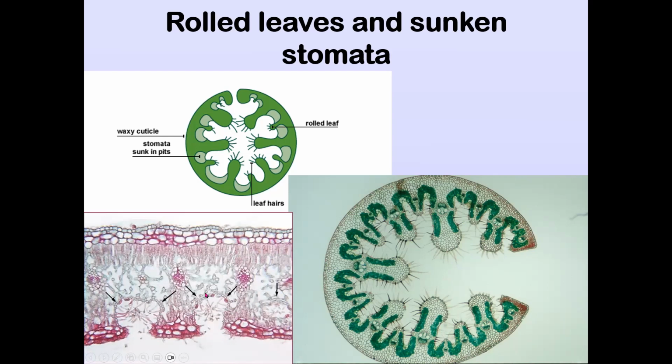There are 3 stomata here. So instead of rolling, they actually have formed these depressions, but they've got hairs which are hard to see here. So again, it's all stored inside. So if it's windy or whatever, it doesn't really affect the loss of water.